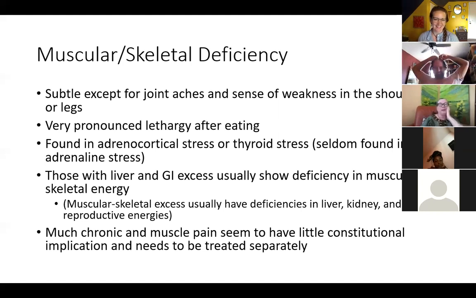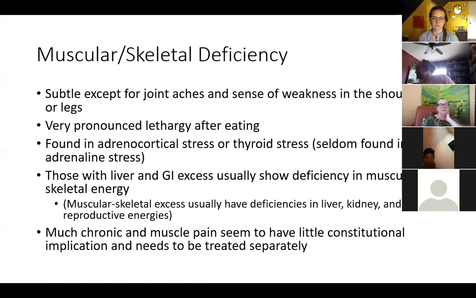And this is probably a good time to talk about adrenal stress versus adrenal fatigue. This is a thing that got pointed out to us, especially those of us that were studying in the mid and late 90s.